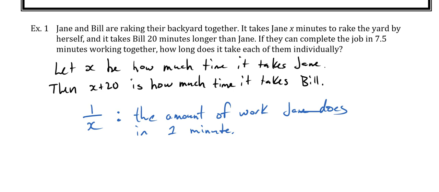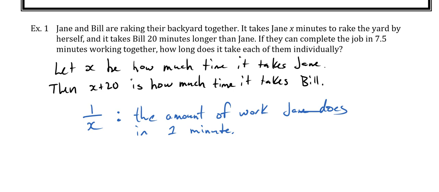Think about what that part represents, 1 over x. Before I even write an equation, I think that's going to be really helpful in solving these problems. So your first steps are going to be, what does x represent? Try to come up with some simple rational expression, not an equation yet even. Just come up with one part and think about what that represents. If I take this and divide by x, what does that mean?